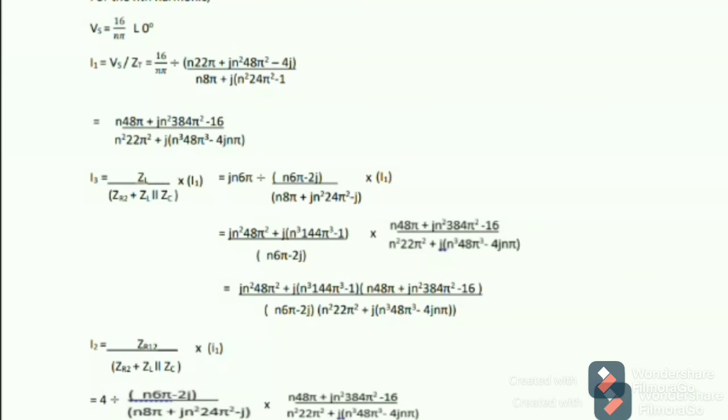For I3, we know the formula is ZL over ZR2 plus ZL parallel ZC multiplied by I1.